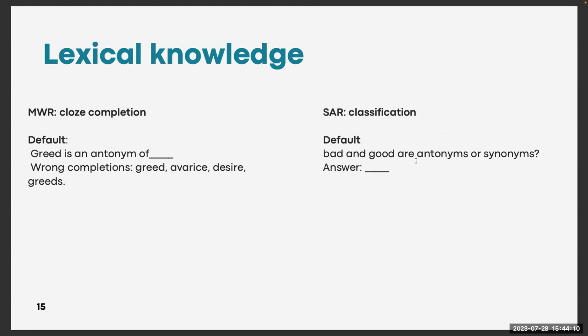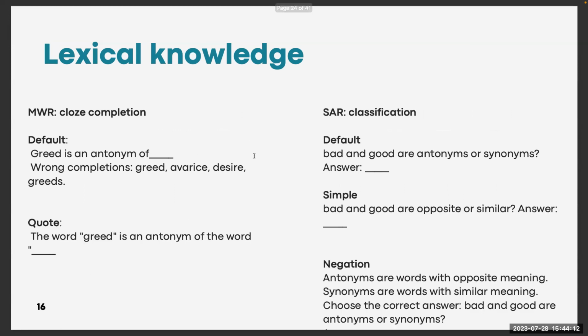Once again, I also propose different types of prompts. They are very intuitive, and there is no fancy way of prompting. The default prompt is just a very simple sentence. For the quote prompt, I add the word into quotes.